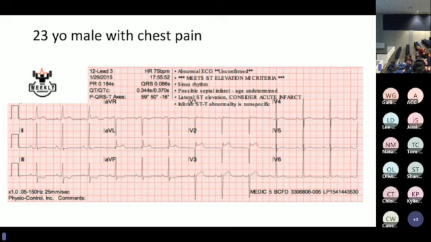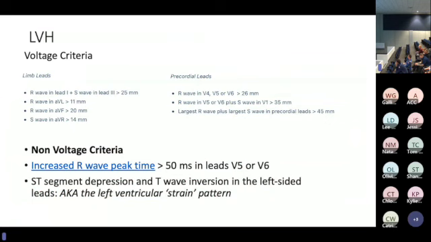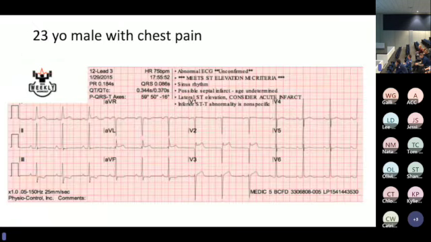This is a good STEMI mimic where you can see you've got ST elevation with reciprocal changes, you've got Q waves, you've got poor R wave progression, but this patient has LVH, with a left ventricular strain pattern.